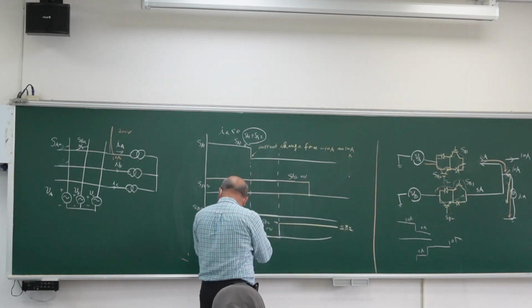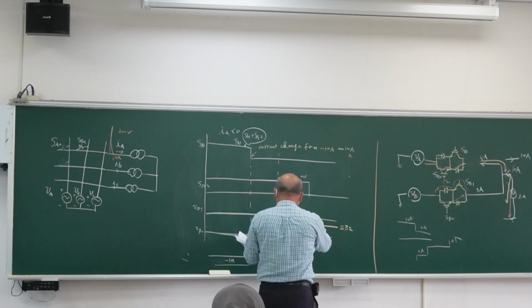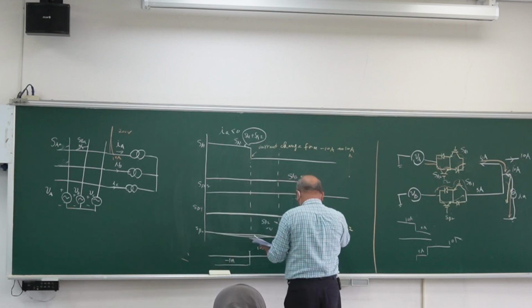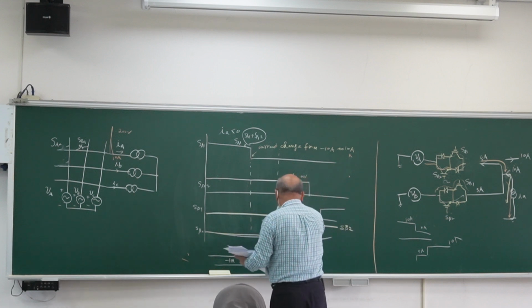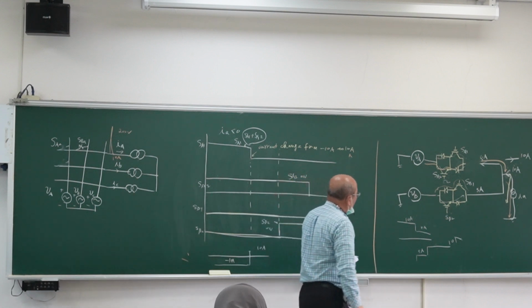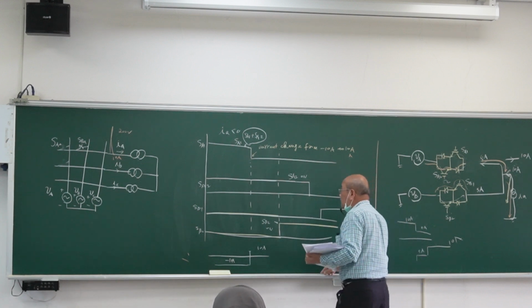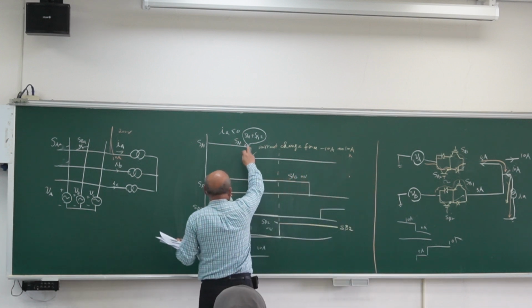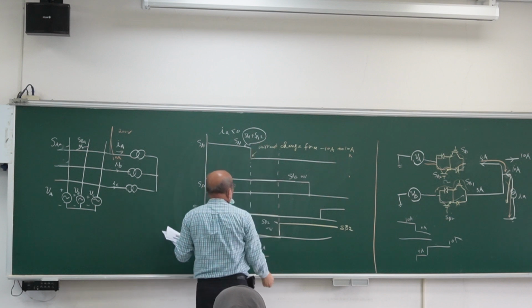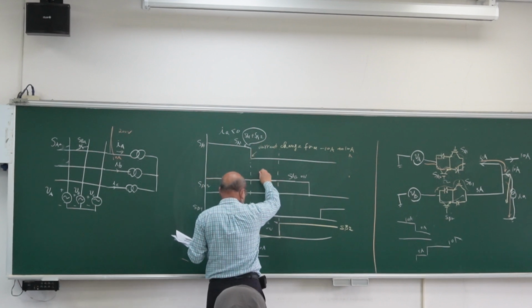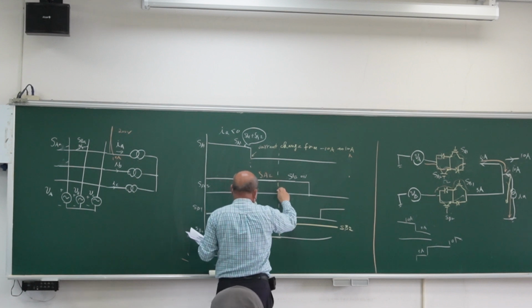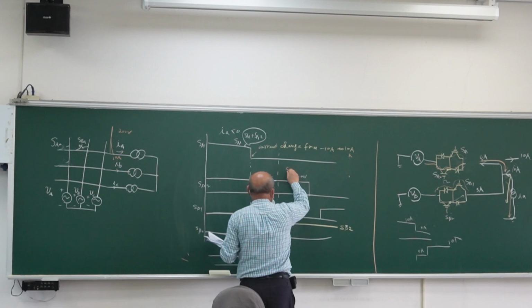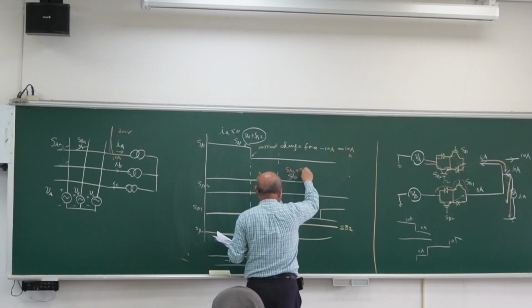So then how about SB1? SB1 is on here, and SB2 is on here. So now we can see this is SA1 plus SA2, and this is SA2, and this is SA2 plus SP2.